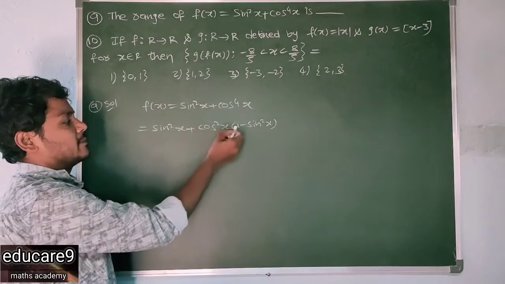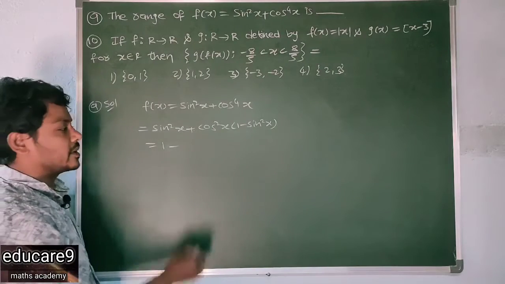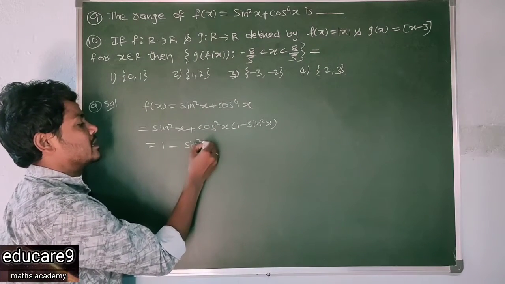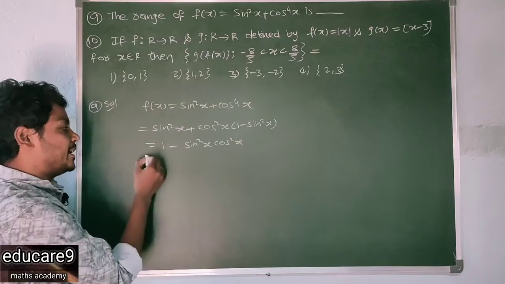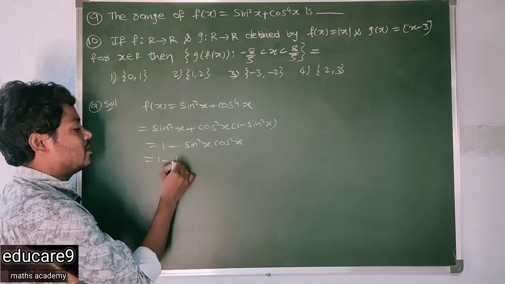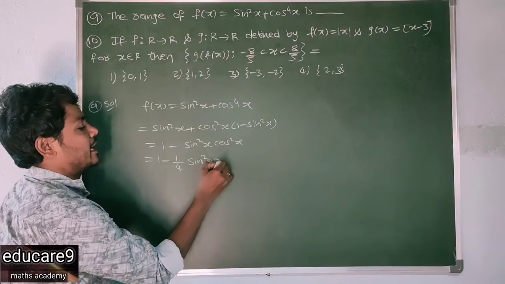Now sin square x plus cos square x is 1, minus sin square x into cos square x. So this can be written as 1 minus 1 by 4 sin square 2x.